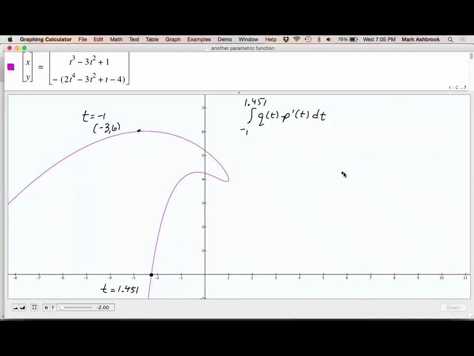So in order to think about this more, let's break this up. Isn't this the same as the integral from -1 to 0? And was 0 at this vertical tangent here? Wasn't that point t equals 0 right here?